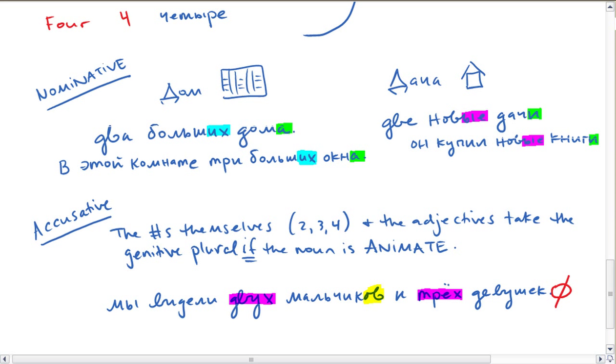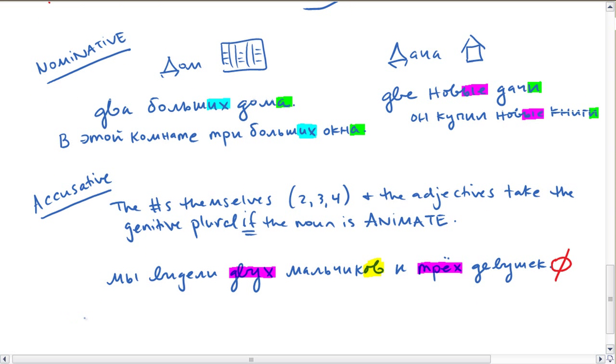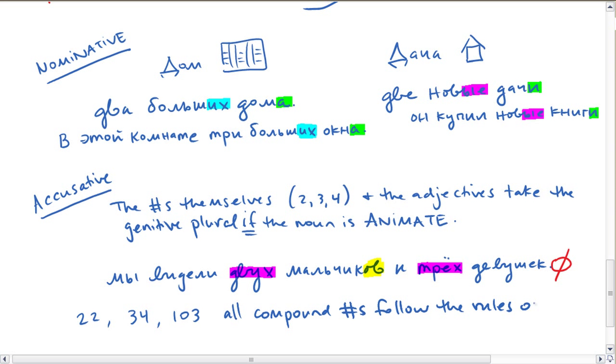But if you're talking about a compound number, so 22 or 34 or 103, all compound numbers follow the rules of 5 and up numbers, and we'll get to those in just a second.